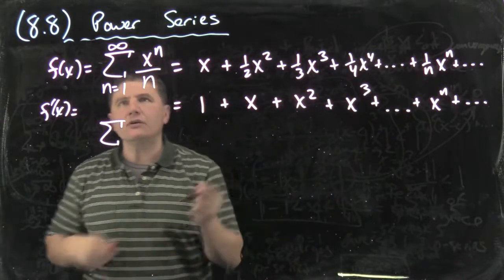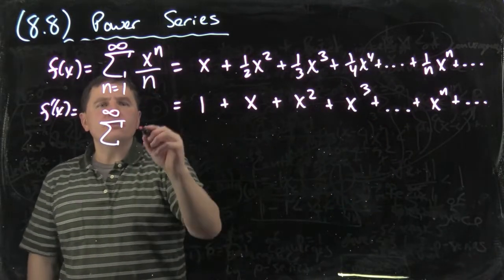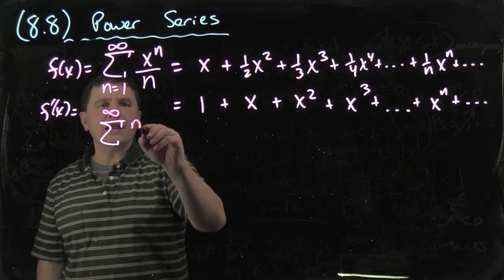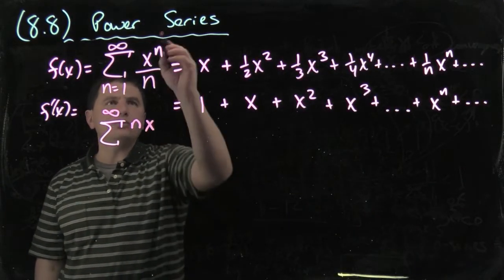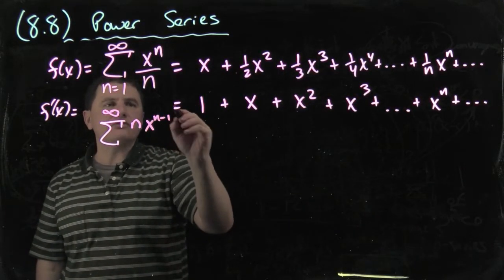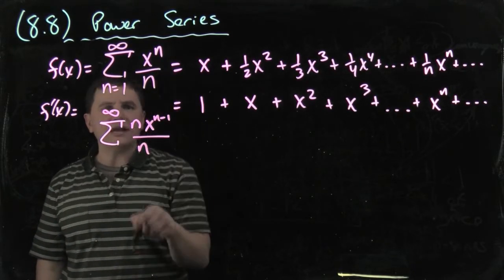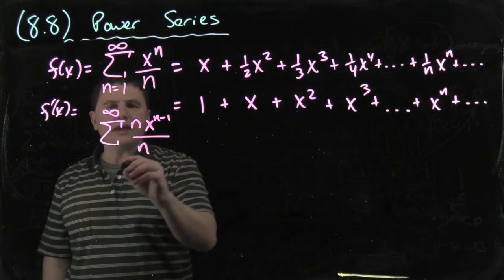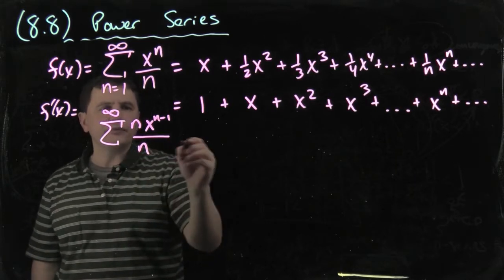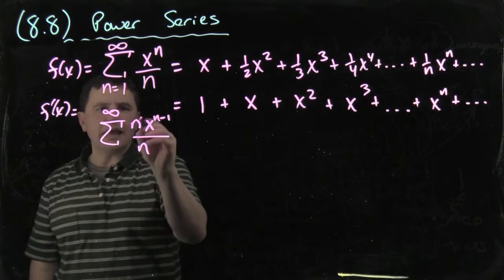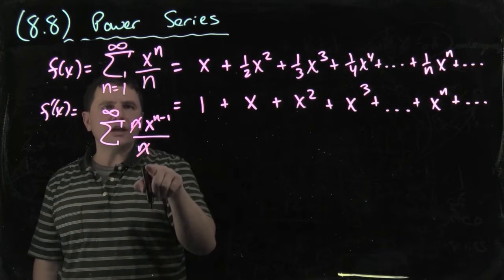So what happens here is this is going to come down and we get n x to the n minus 1 over n. Just take the derivative, n being a constant, and what we end up getting is the n's cancel, and you'll see we get the same thing.